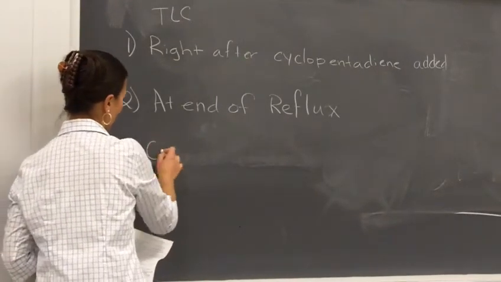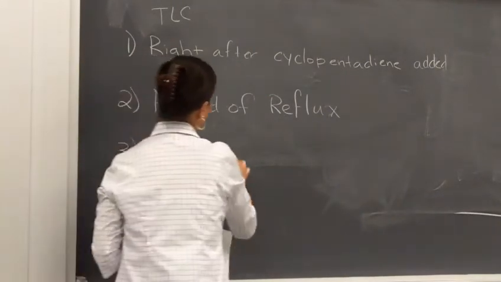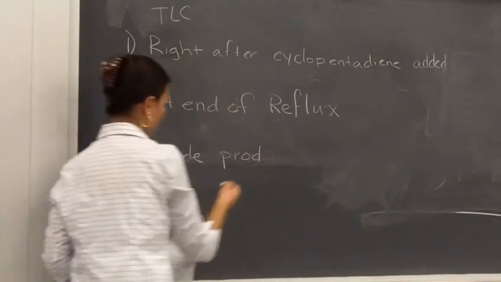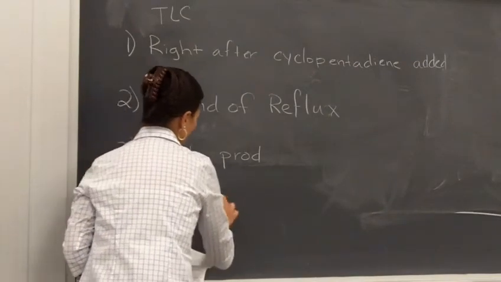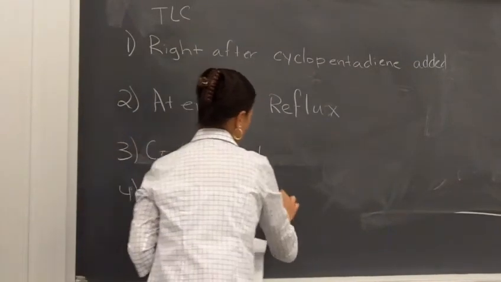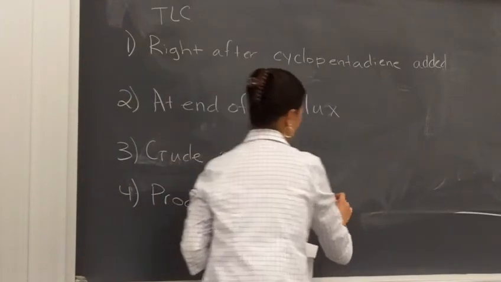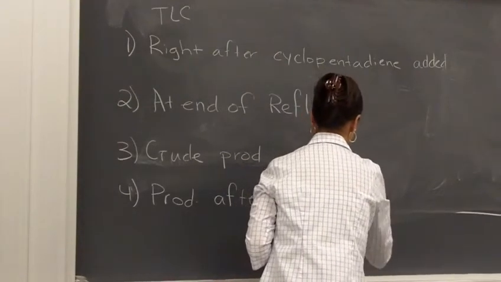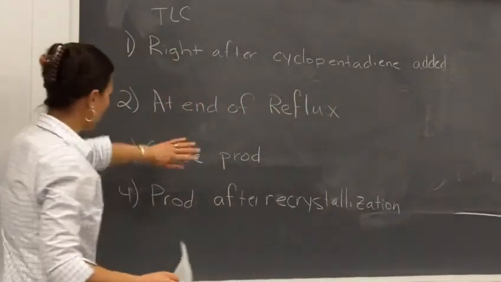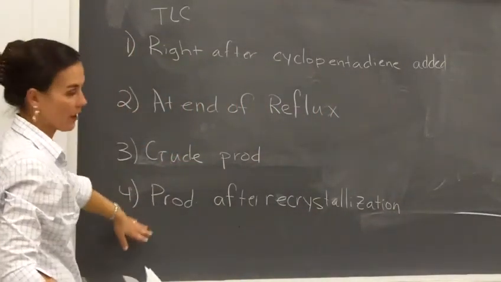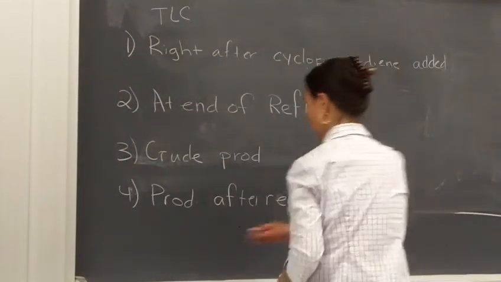But you could potentially, when you precipitate your product, spot the crude product before recrystallization, and then spot the product after recrystallization. So see what your lab prof wants you to do. At the very least, you should probably do at least 1, 2, and 4. Okay?